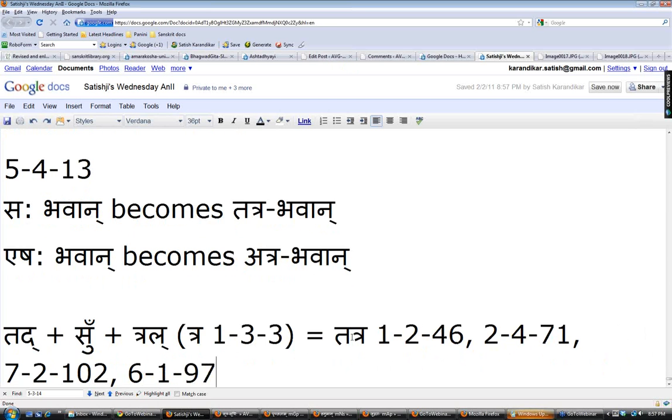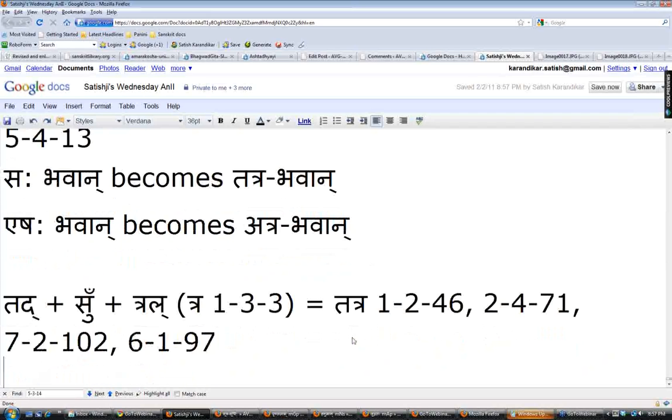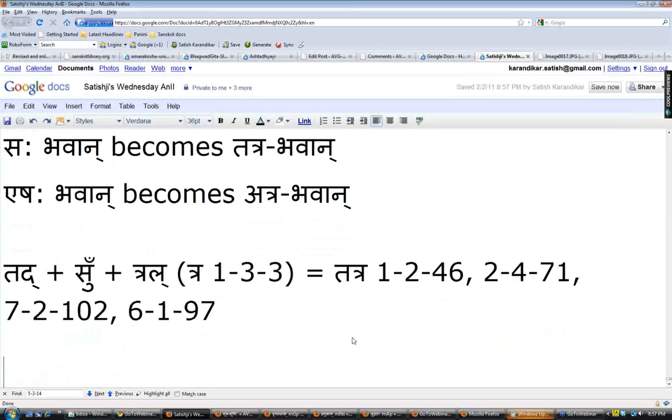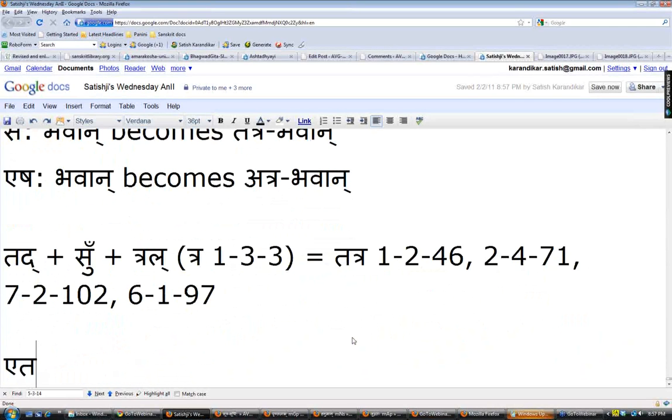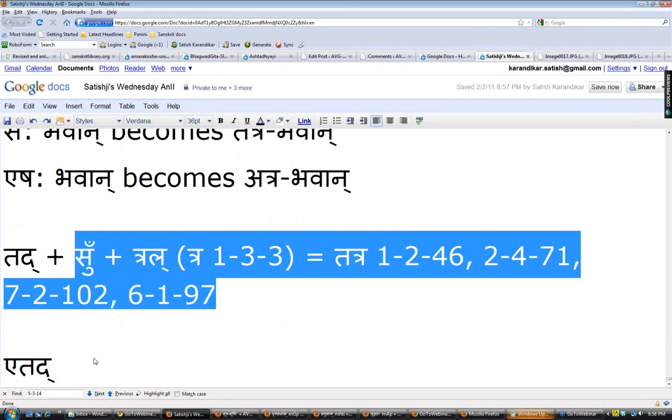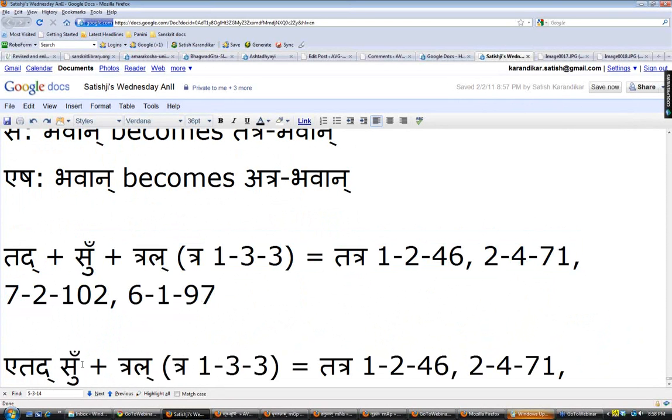In the case of the word atra, it is actually etad. Start with etad, plus the same steps. Now the only difference here is that you need one more sutram, one more rule, to get the form atra. Now how does etad become atra?